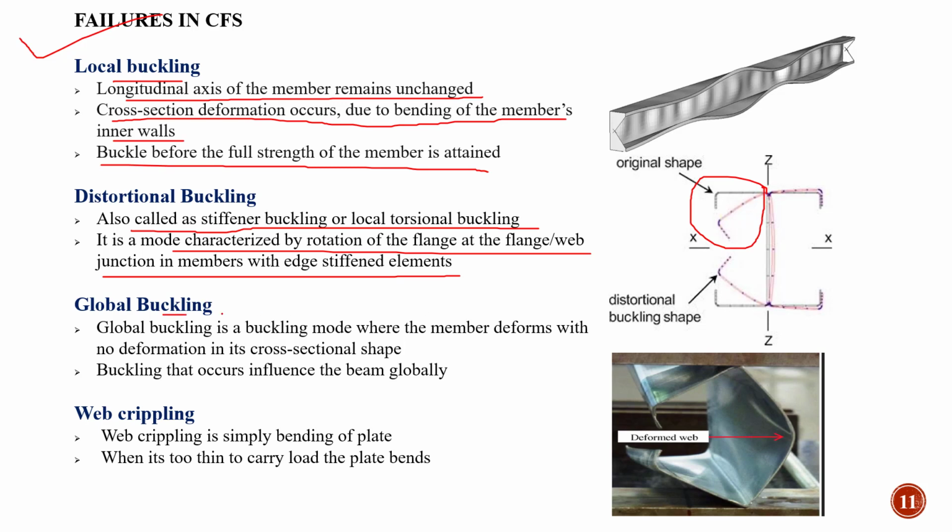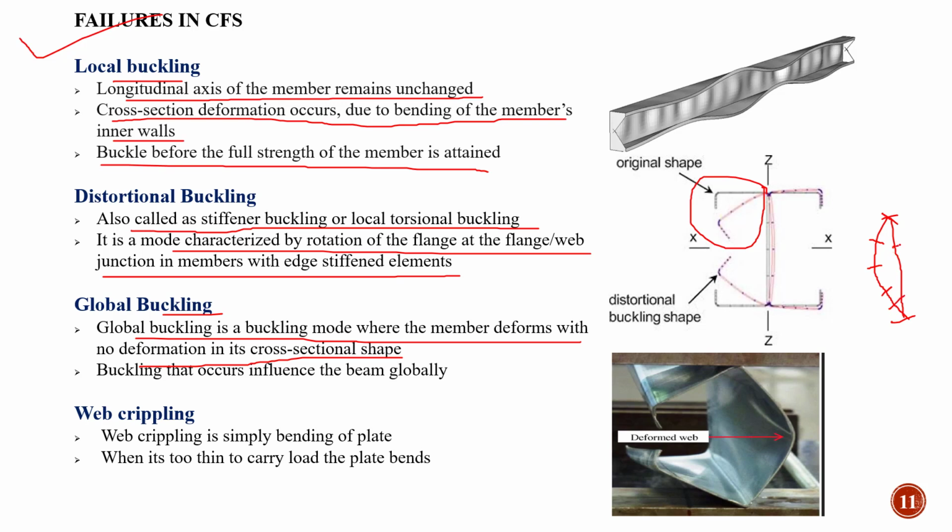In the case of global buckling, it is a buckling mode where the member deforms with no deformation in its cross-sectional shape. That is, you have a column like this, and this column will bend as a single column. It means there won't be any deformation at the cross-section level.